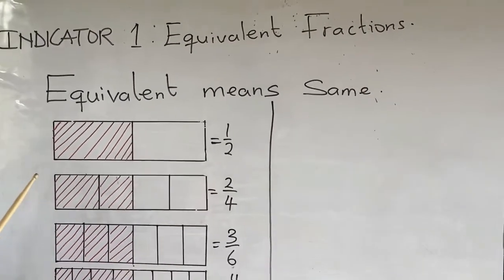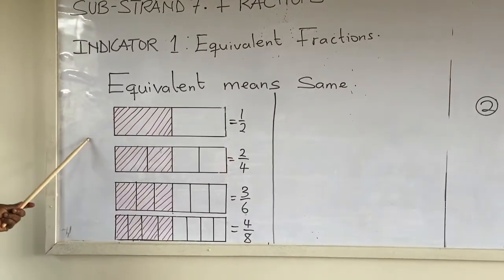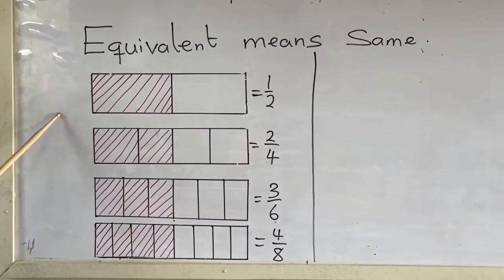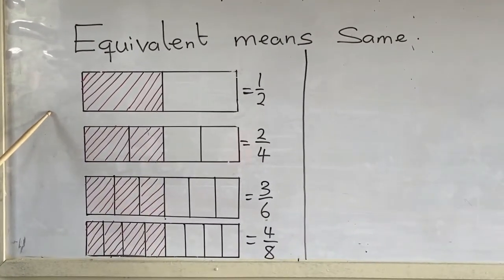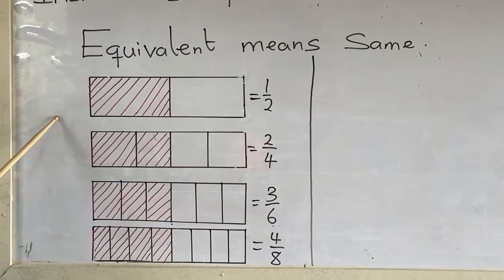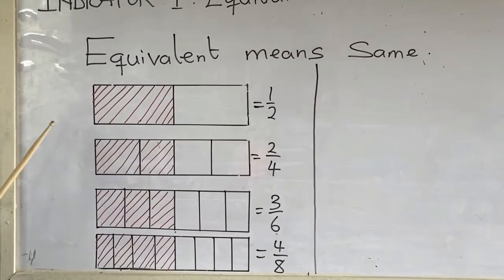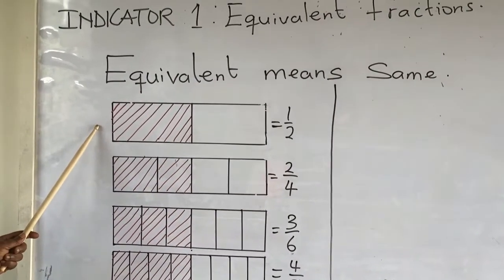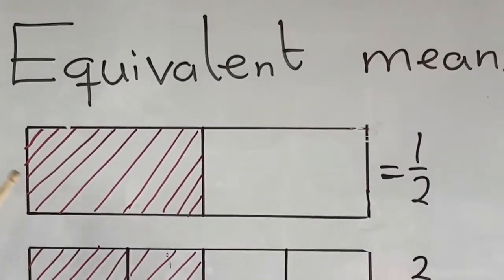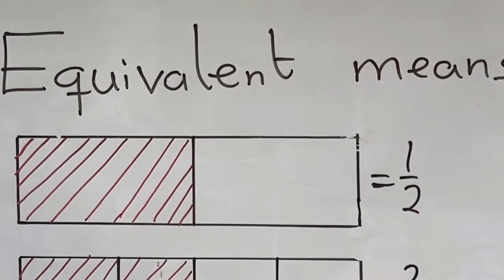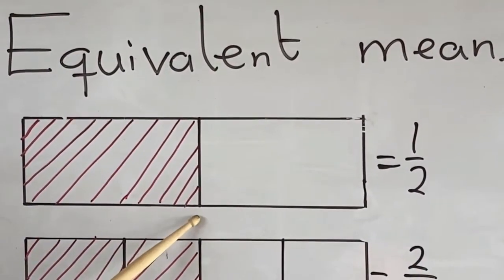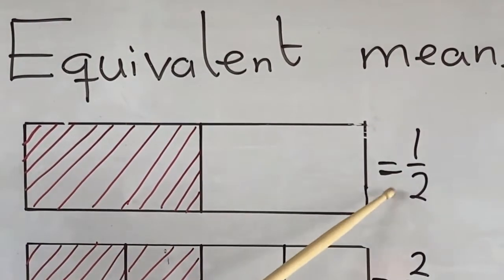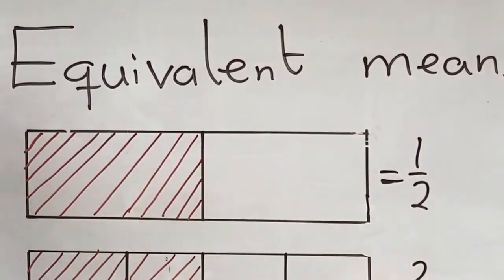Now, let's look at this pictorial representation. Why we say some fractions are equivalent, but they have different forms. Let's look at these shapes critically. The first rectangle has been partitioned equally into two parts, and one side is shaded, which is equal to 1/2.